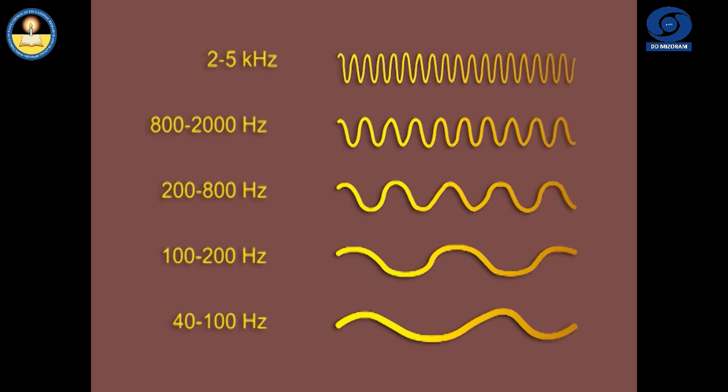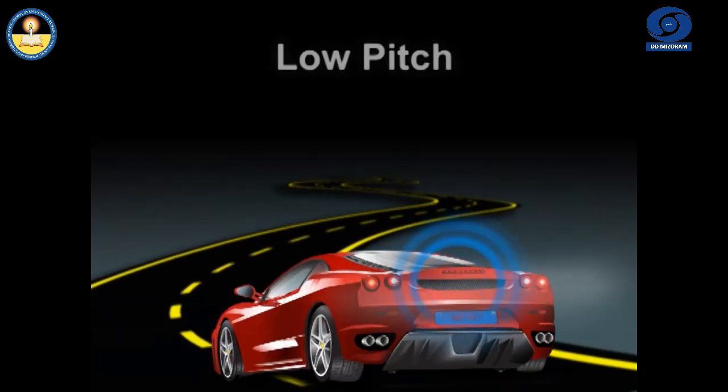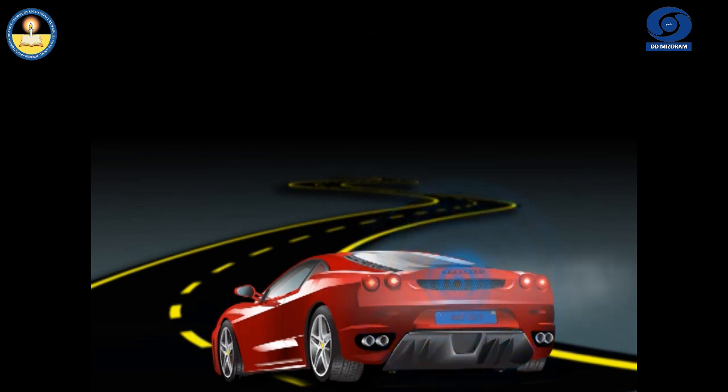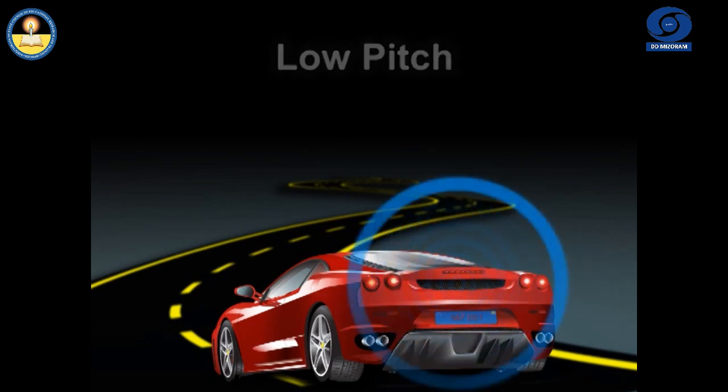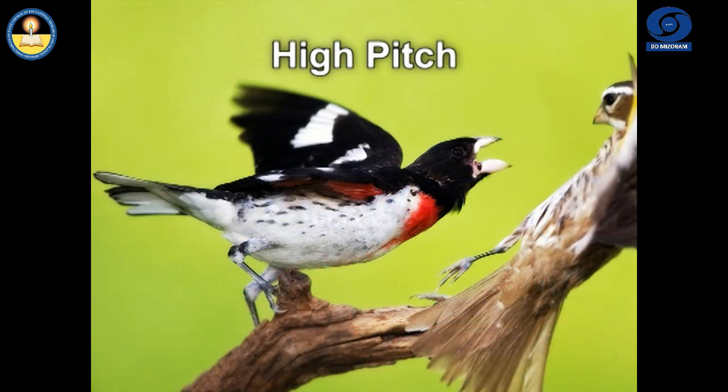Let us see the examples of sounds of low pitch and high pitch. Noise of the engine of a vehicle is an example of sound of low pitch. Whereas the chirping of a bird is an example of high pitch.